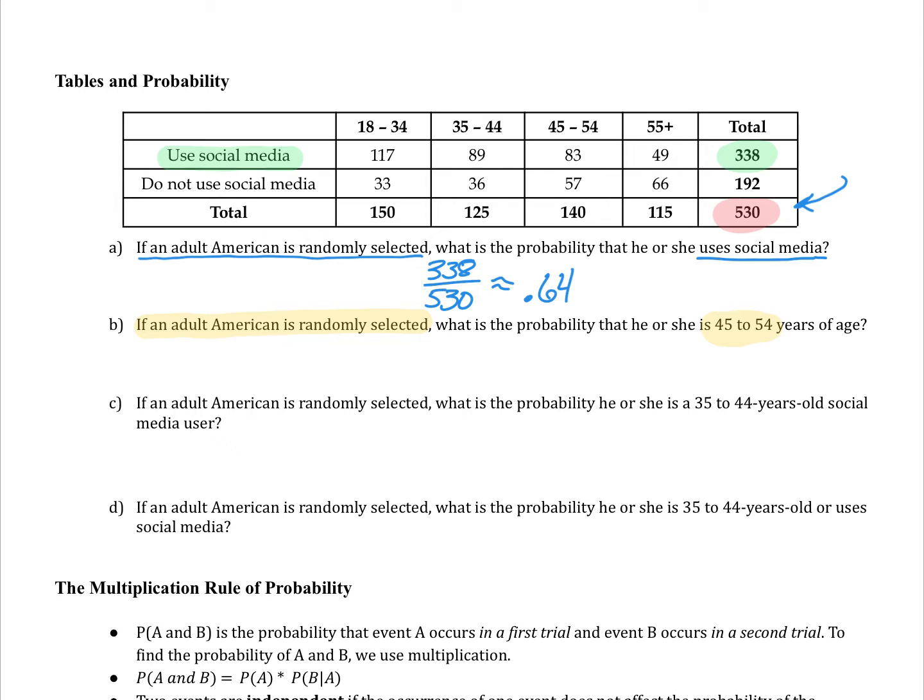If we're not distinguishing between one or the other, then we are drawing from the entire 45 to 54 population, which is 140. So our number is 140 out of the 530 completely polled.